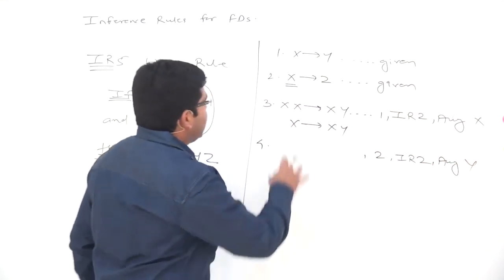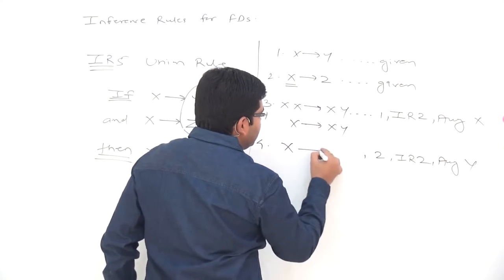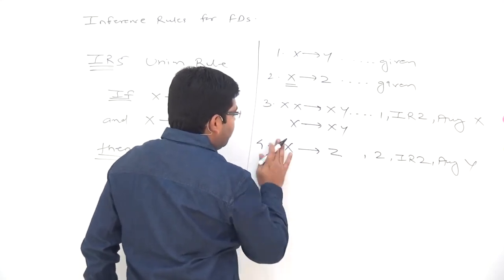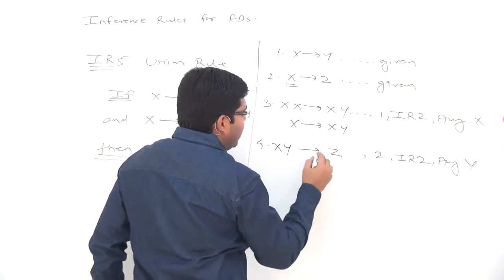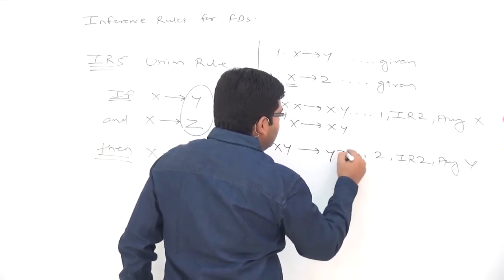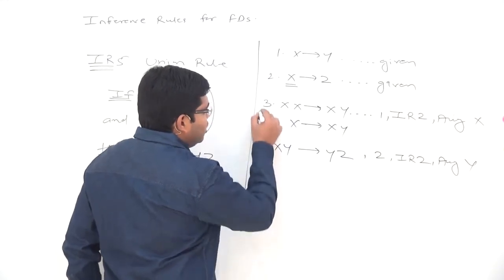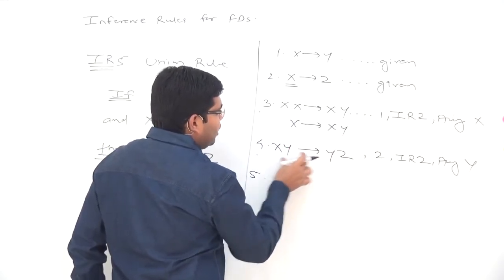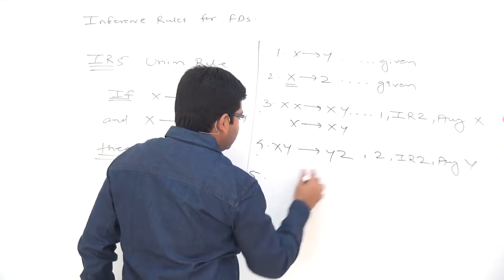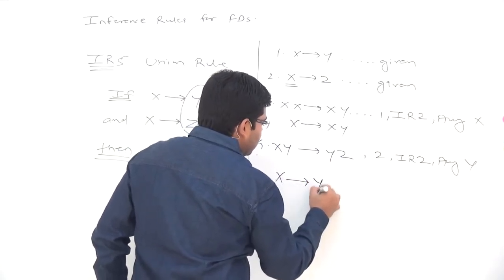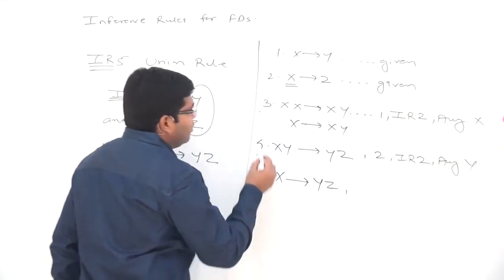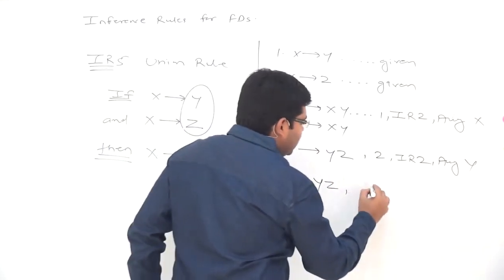So what is the second statement? It is x gives z, augment with y, it will be xy gives yz. And now from 3 and 4, x gives xy, xy gives yz, you can write down x gives yz. So the conclusion will be x gives yz, and we are using 3, 4 and the transitivity rule.